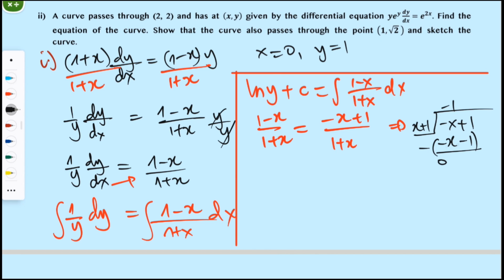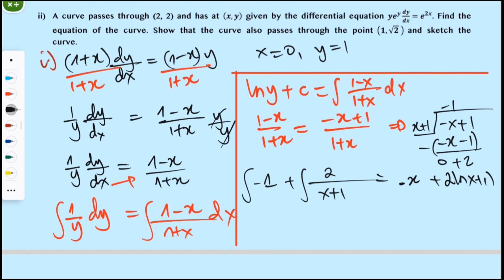Then we have 1 minus minus 1, which is positive 2. So this is the same as having the integral of negative 1 plus the integral of 2 over x plus 1, which is equal to negative x, pardon me, and then integrating this one, you should have 2 natural log of x plus 1.